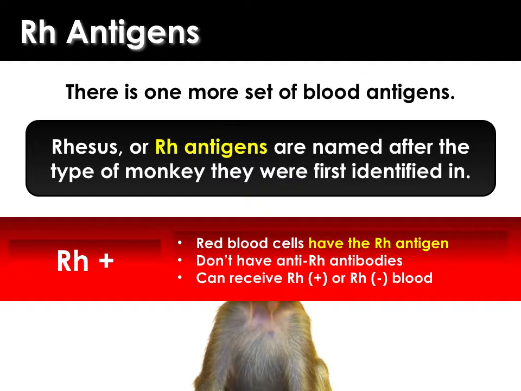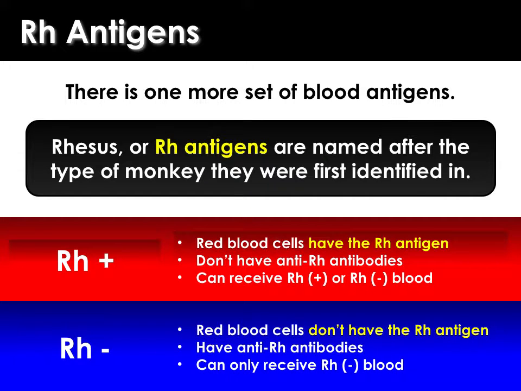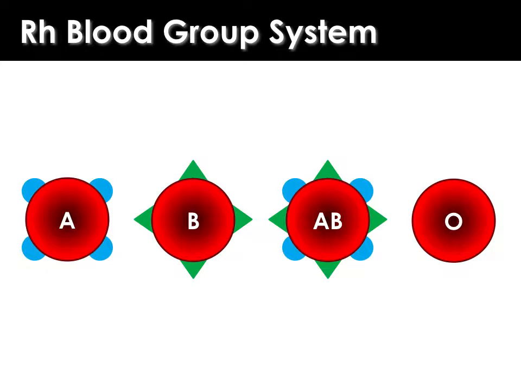Someone that is Rh plus can receive either Rh plus or Rh negative blood. Someone that is Rh negative does not have that Rh antigen on the surface of their red blood cells. Because of that, they actually do produce anti-Rh antibodies, which means they can only receive Rh negative blood.